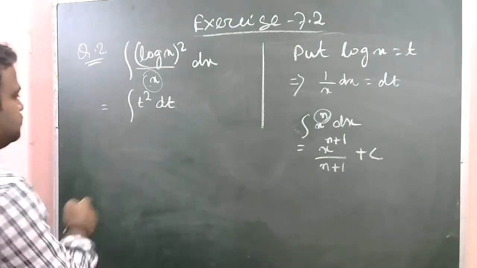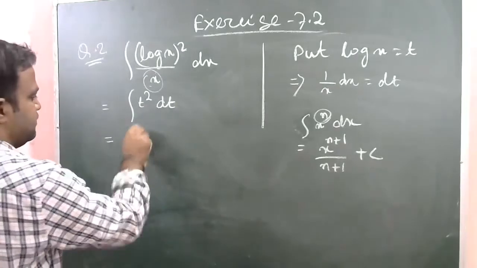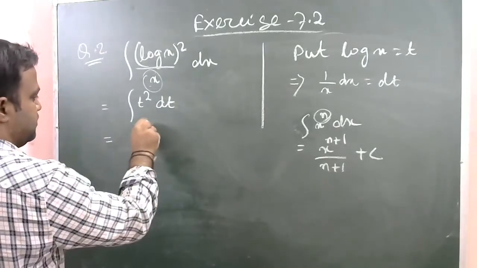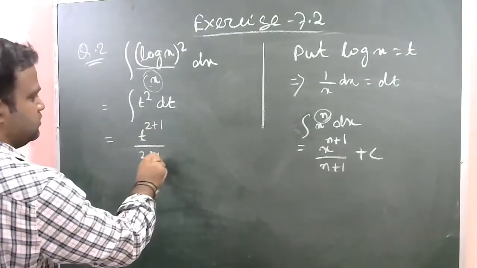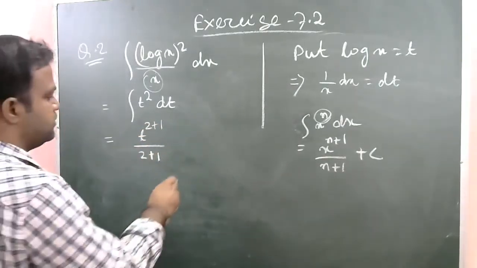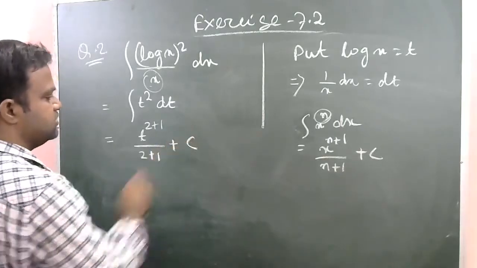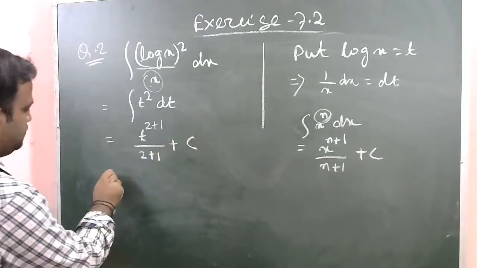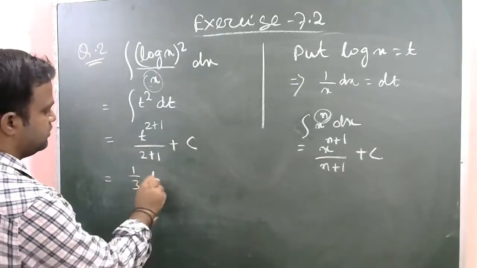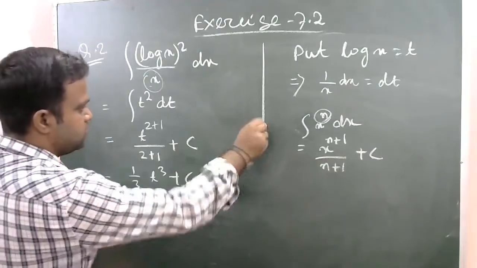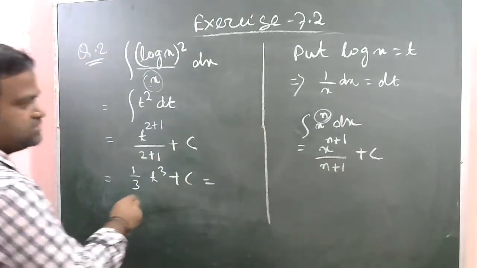Here the power is 2, so easily you can write t to the power 2 plus 1 by 2 plus 1, plus c, where c is the constant.